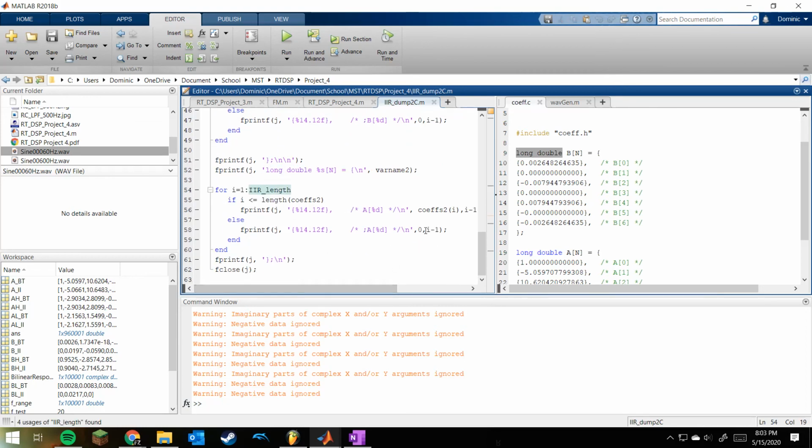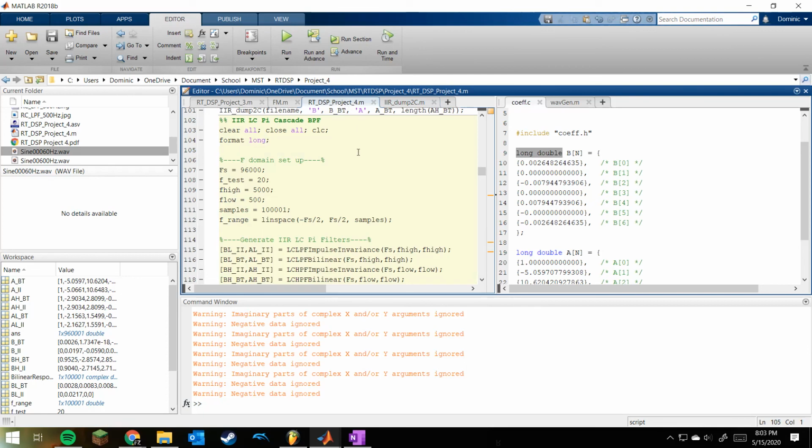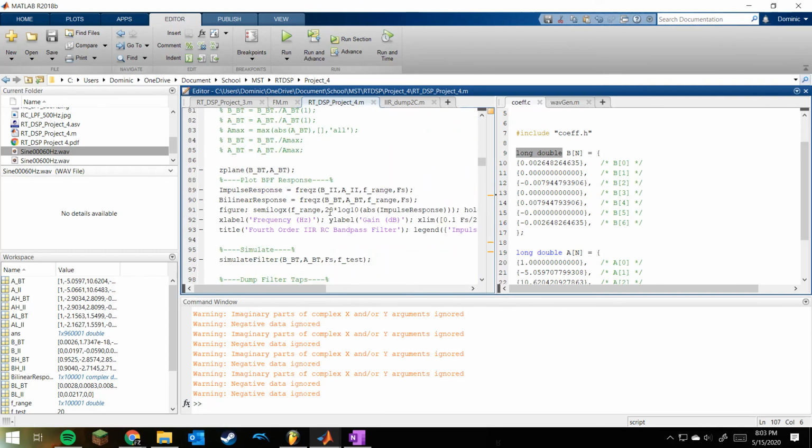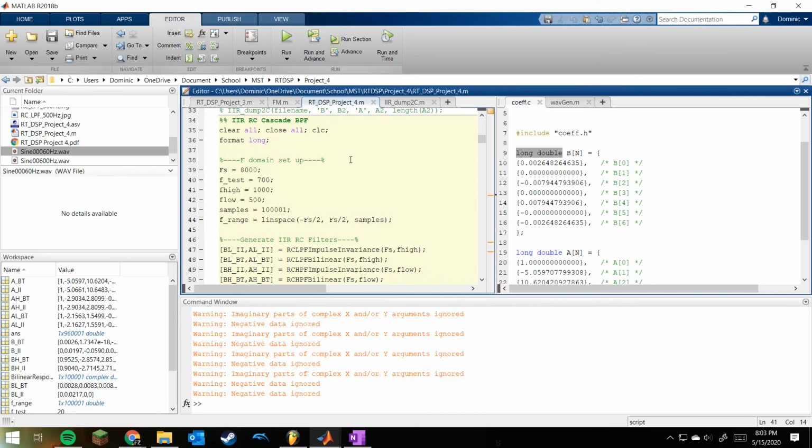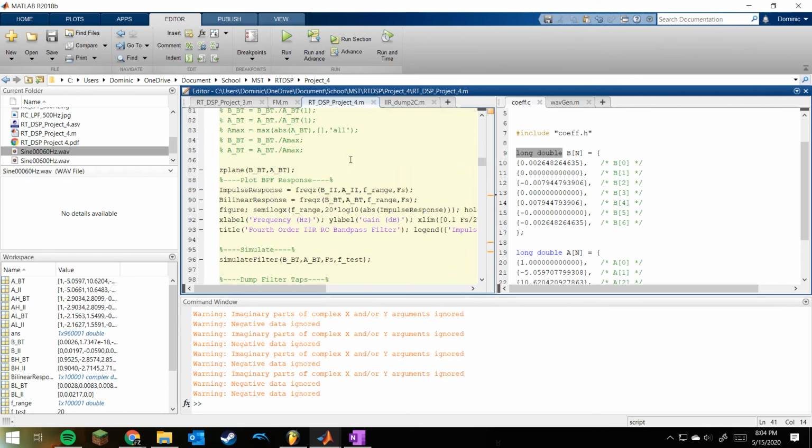And this is just so that when we load it into Code Composer, it treats all the data as double precision floating point numbers, which helped me be able to get these filters to work at higher sampling frequencies, where before it had to be at like 8,000 sampling frequency for this to even work. And you could even see I was unsuccessful to get even the RC filters to work just because of those rounding errors. But the higher precision definitely helps.